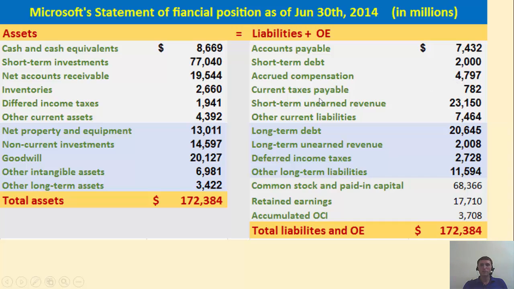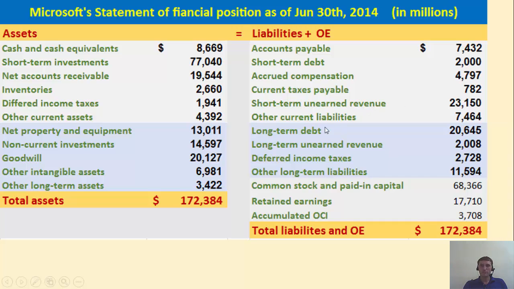Current taxes payable. What Microsoft owes different tax authorities and expects to pay within 1 year. Short-term unearned revenue. So that's money paid in advance by its customers, and the company expects to provide services or goods to these customers within 1 year.